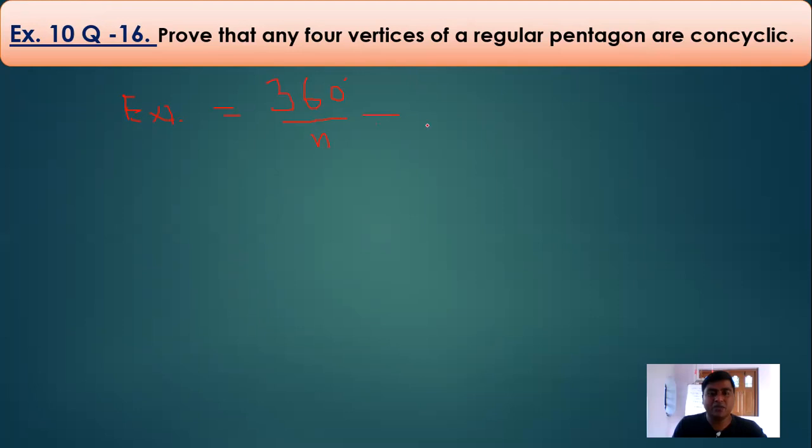Here n equals 5, so it is 360 by 5, which is equal to 72 degrees.